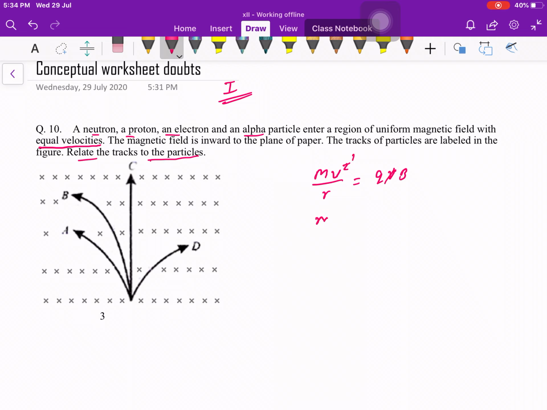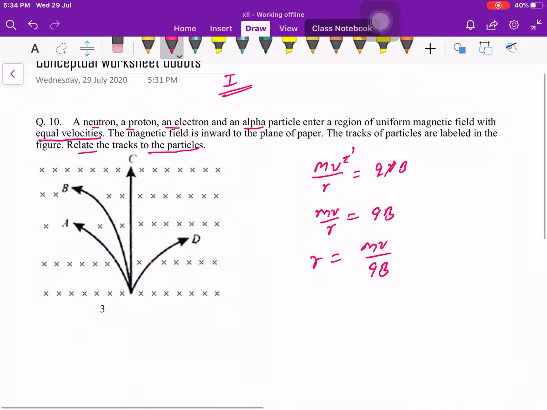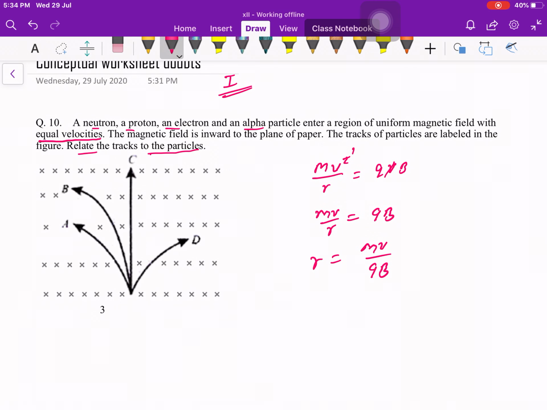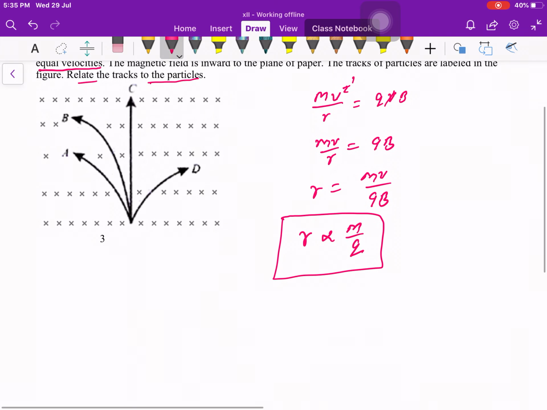That is, we know mv²/r is equal to qvB, or r is equal to mv upon qB. Now in this question it is already given that all are entering with the same velocity and in the same magnetic field, which means r will be proportional to only m by q. So accordingly we have to identify.